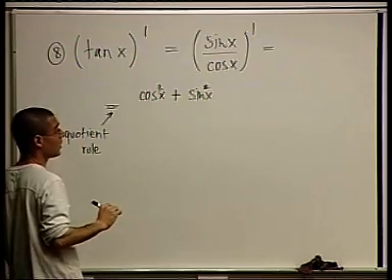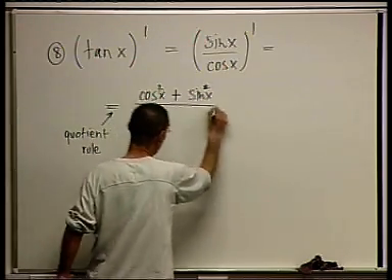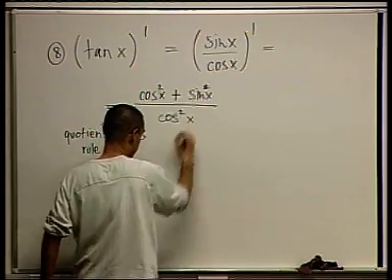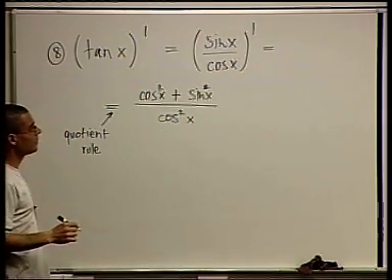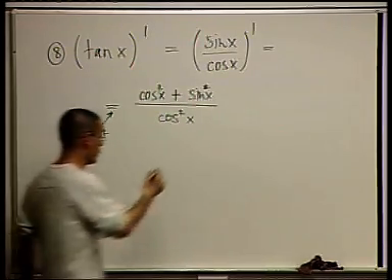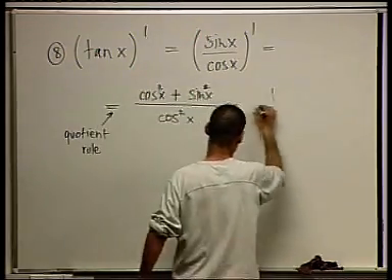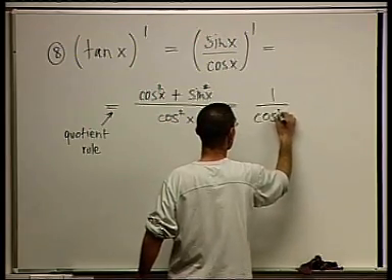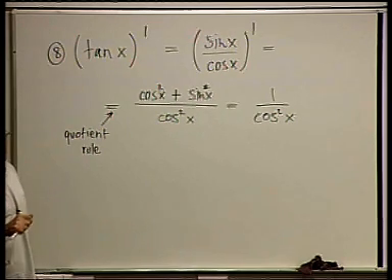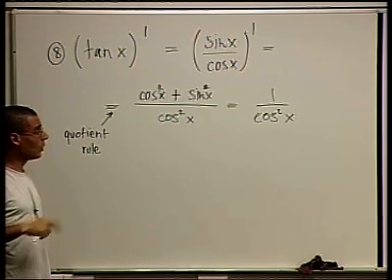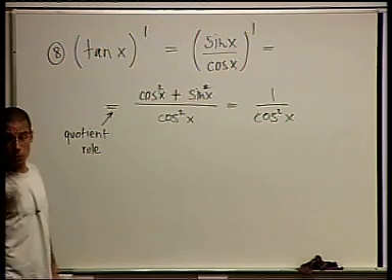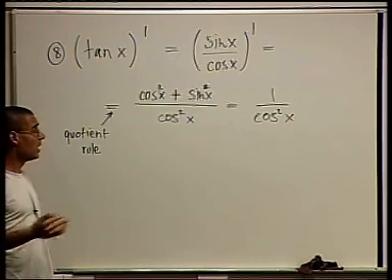So again, we get sine squared, divided by the bottom squared, g squared. Do you agree? What is the top? It's just 1. So we get 1 over cosine squared of x. You can remember it like this, or you can remember it as secant squared. 1 over cosine is called secant.